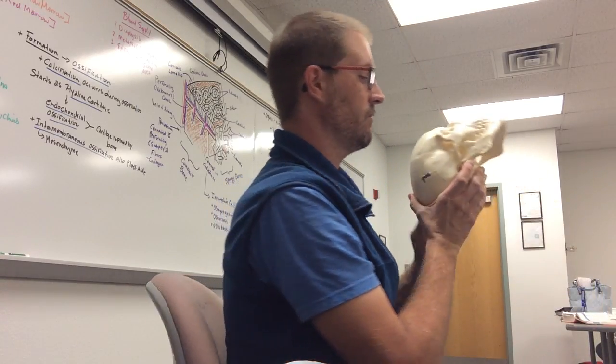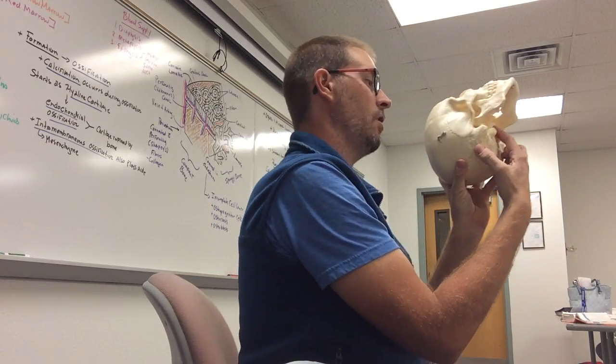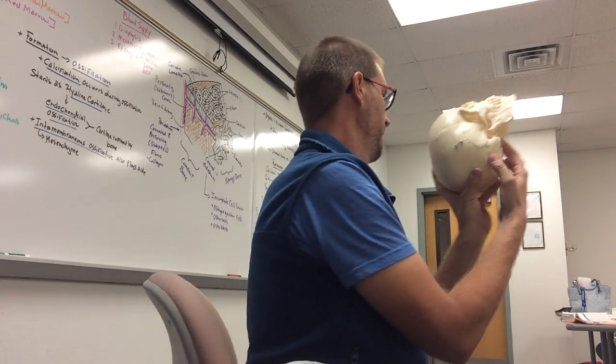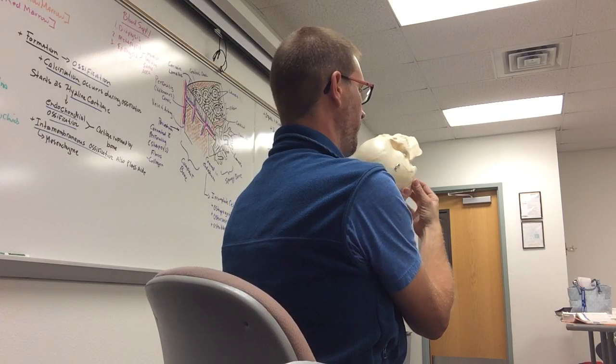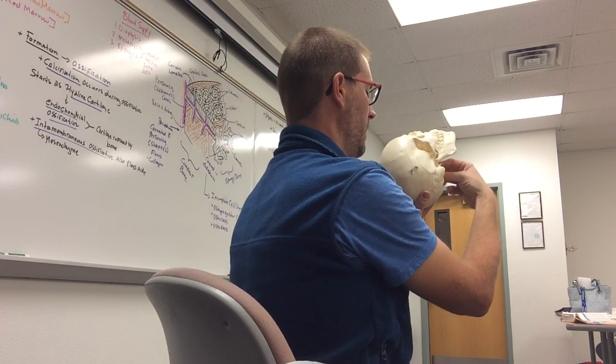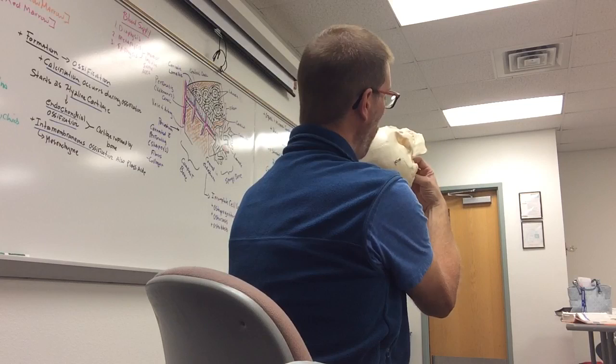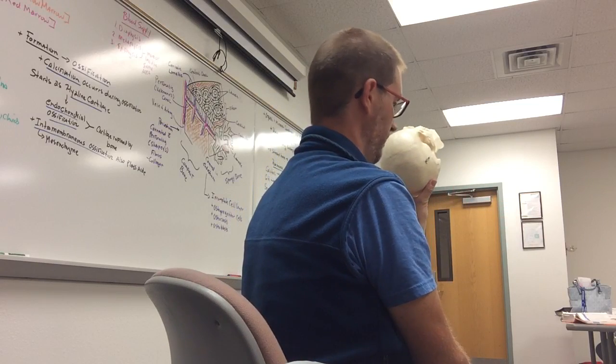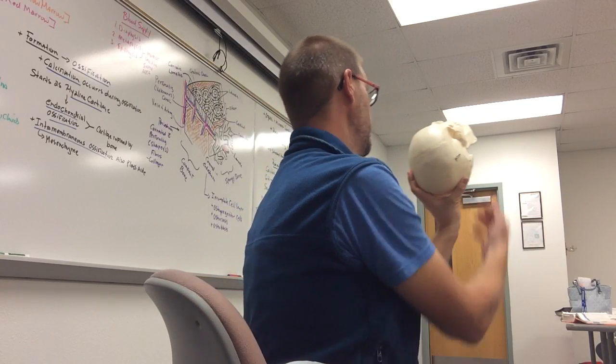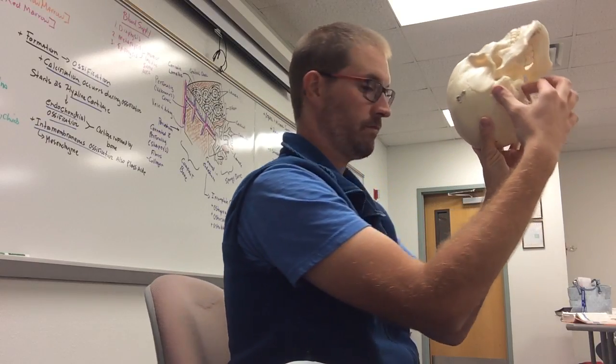It's the big foramen, and it is what allows the spinal cord to enter the skull. You see this large round hole here? This is called the foramen magnum, and this is where the spinal cord comes out of the base of the skull. You guys see that there, the foramen magnum.